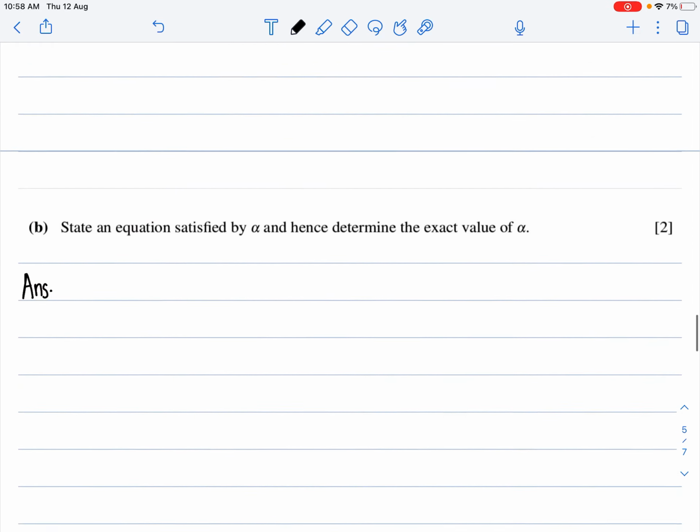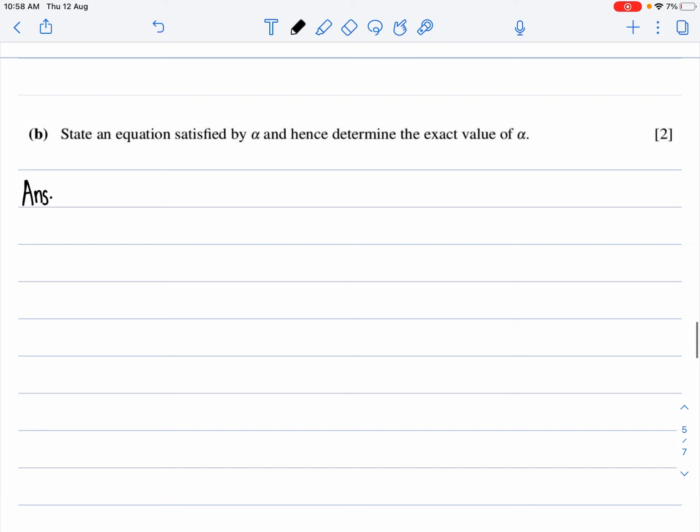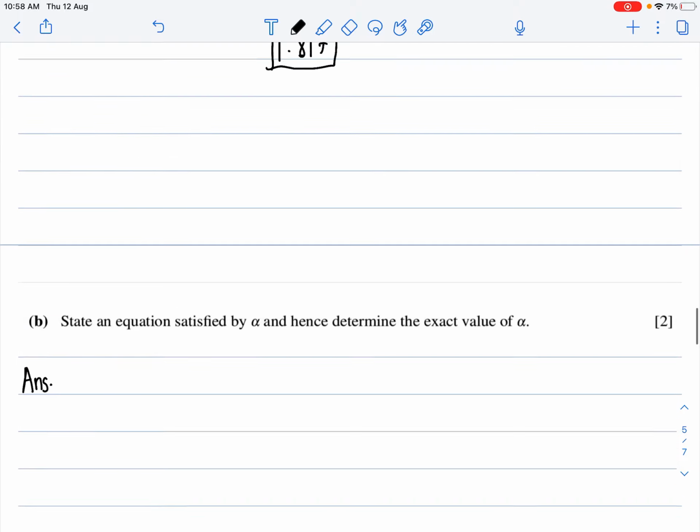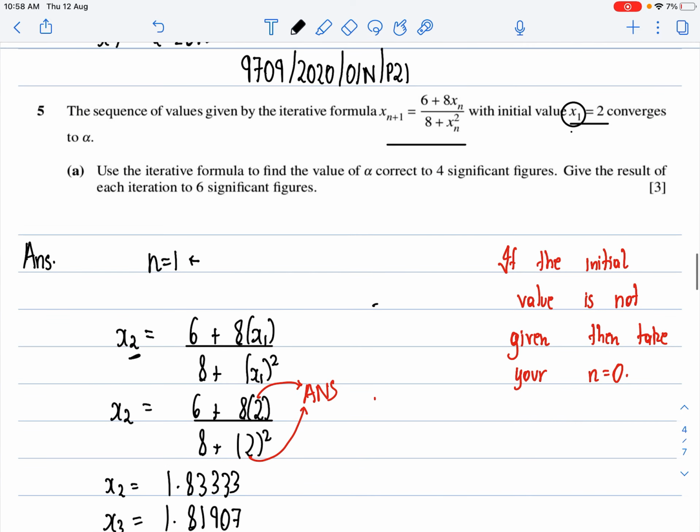Now, normally with iteration, they ask another type of question sometimes. They'll ask you to state an equation satisfied by alpha and hence determine the value of alpha. Very simple to do. The first step is to write the equation without the n plus 1 and n.